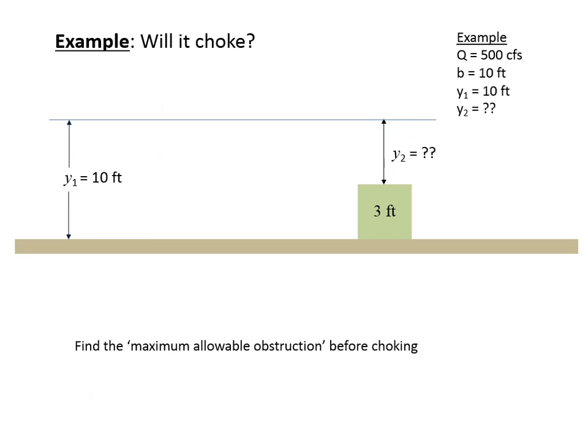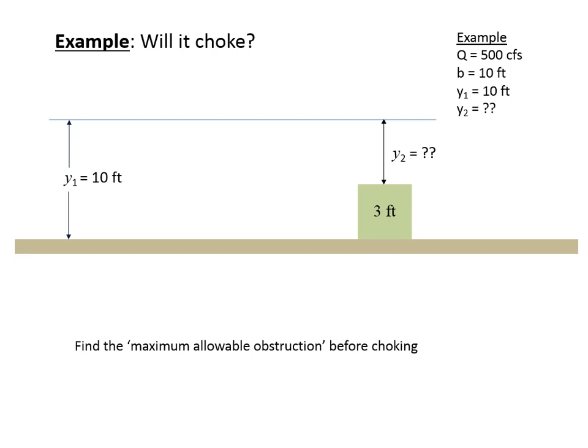Well, let's say we've got the same basic conditions. We've got the same channel carrying the same flow rate. Will it choke if we've got the 3-foot obstruction? We saw that it definitely choked when there was the 10-foot obstruction. What about if it's a 3-foot obstruction? Will it choke? Well, what we looked at before was the available energy, right?